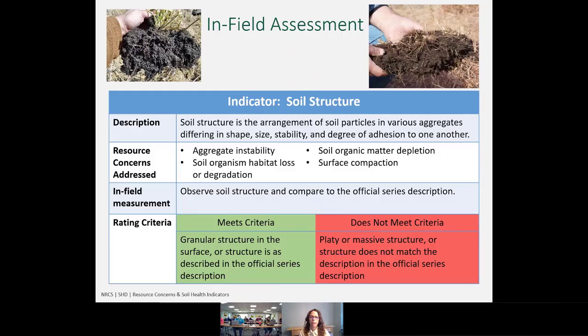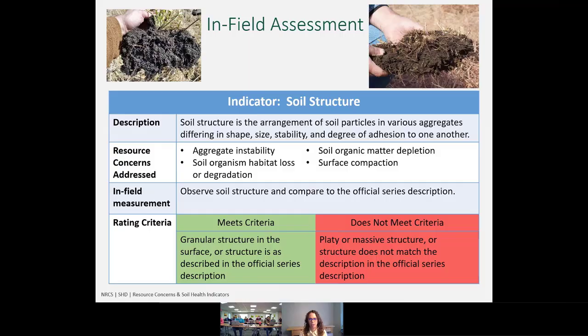Soil structure can tell you a lot about the status of the soil, and it really is a good indicator that reflects really all four of the resource concerns. Soil structure is the arrangement of the particles in various aggregates, differing in shape, size, stability, and degree of adhesion to one another. All soils have a native structure.